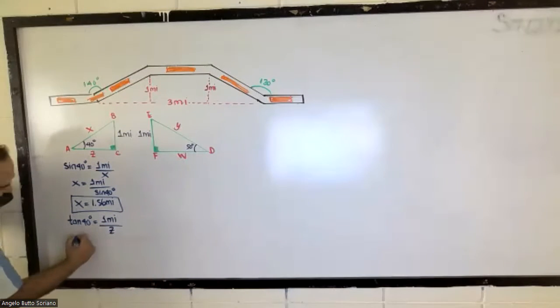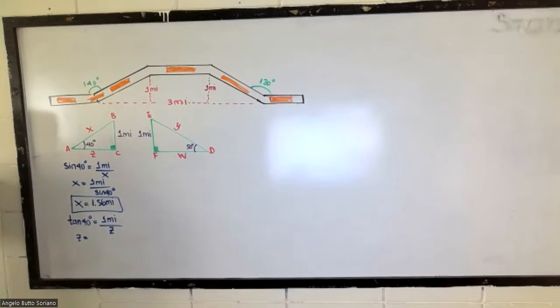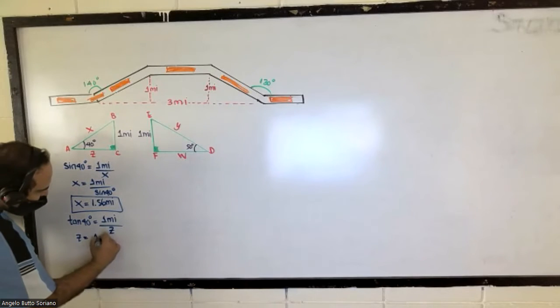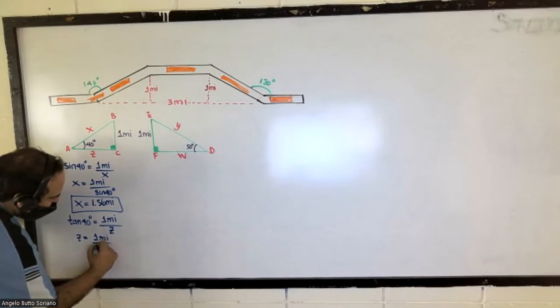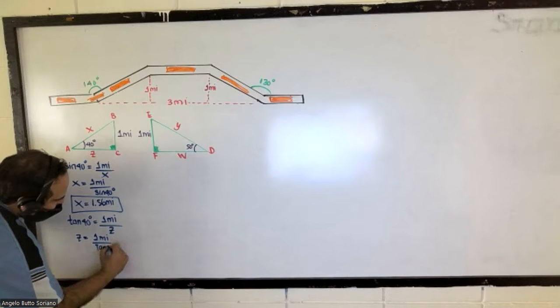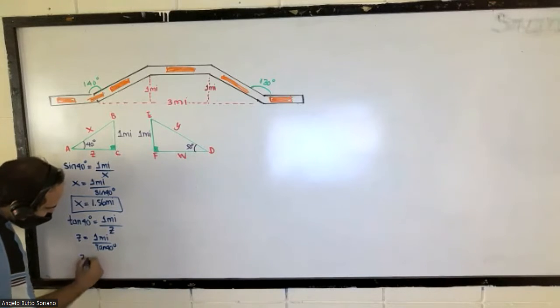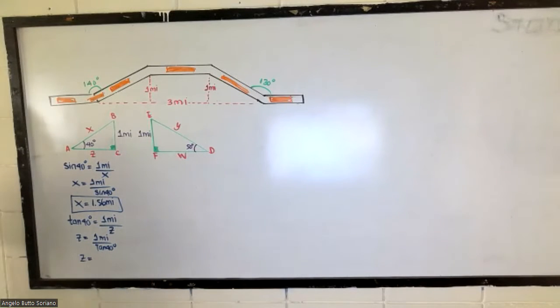Because we're looking for the Z value, it will be equal to 1 mile over tangent 40 degrees. Okay? 1 divided by tangent 40 degrees. 1 over tangent 40.